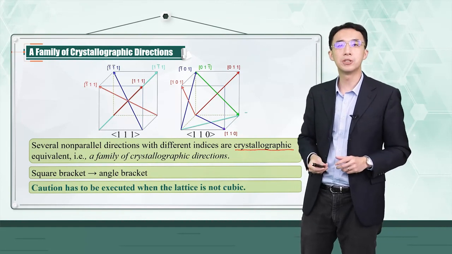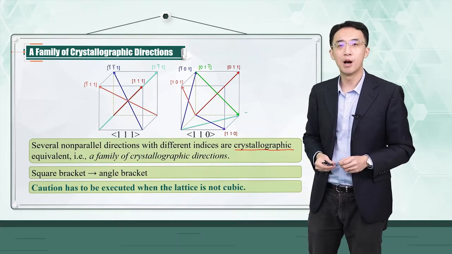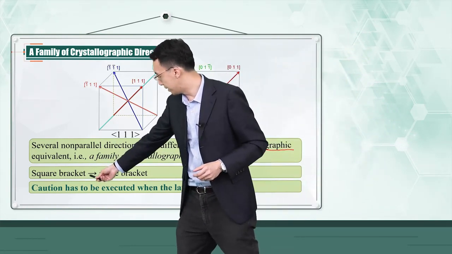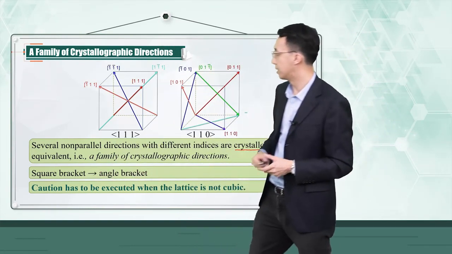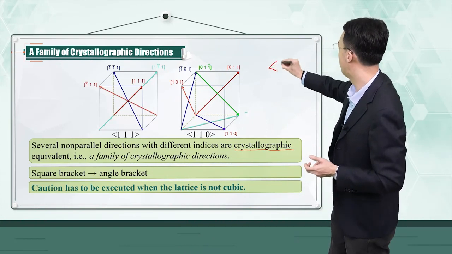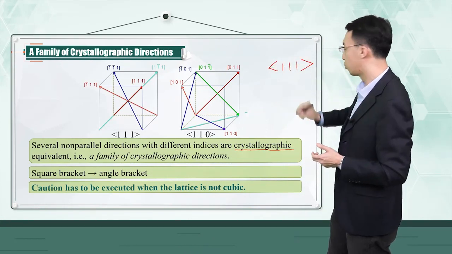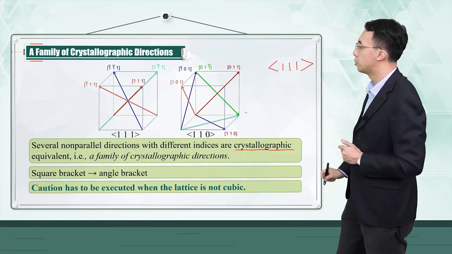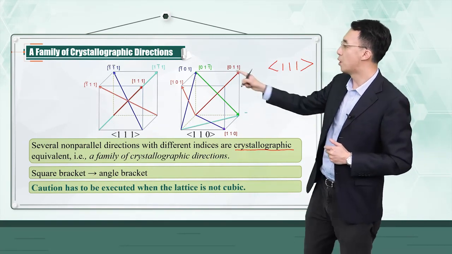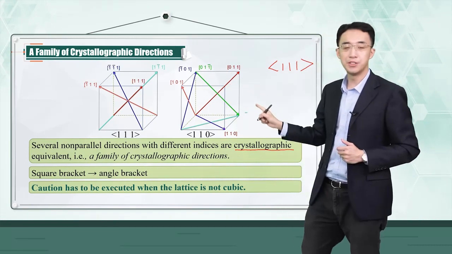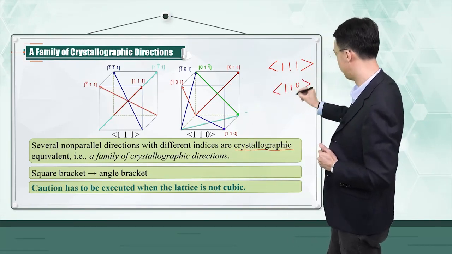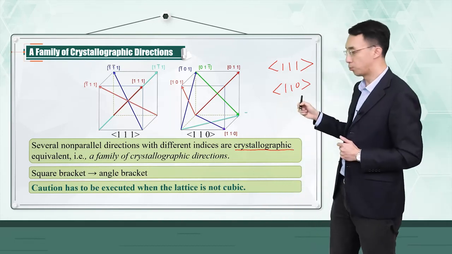They can be considered as a single family of crystallographic directions, and then you change your square brackets to angle brackets. So you write down your 111 direction family like this. In a similar way, you may have a number of equivalent 110 directions, and you write down your 110 direction family as this one.